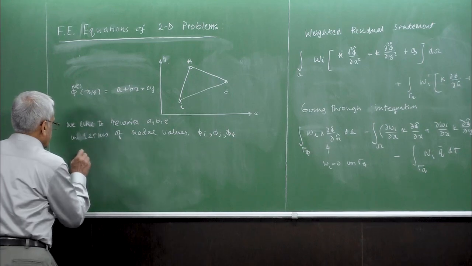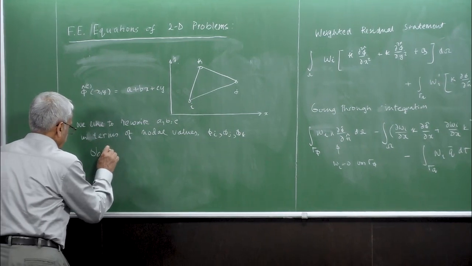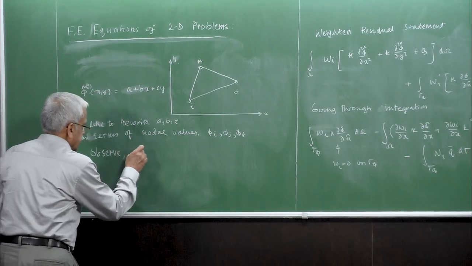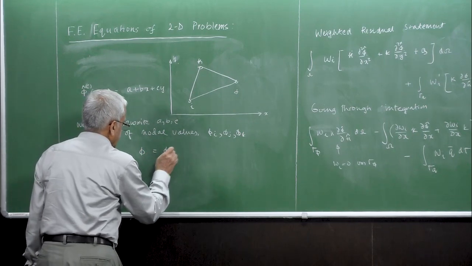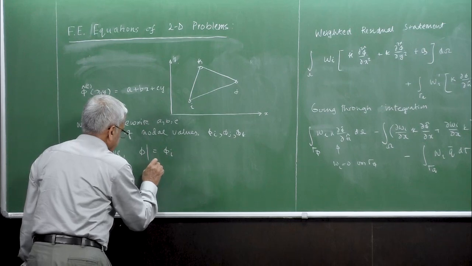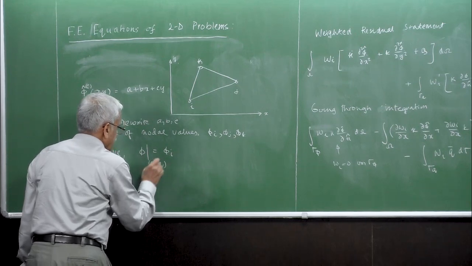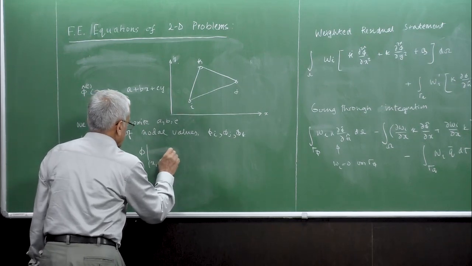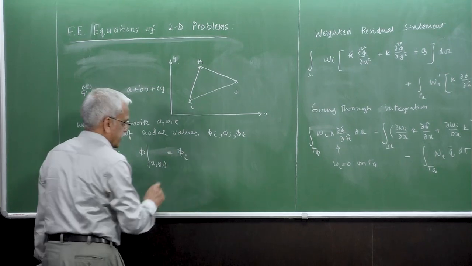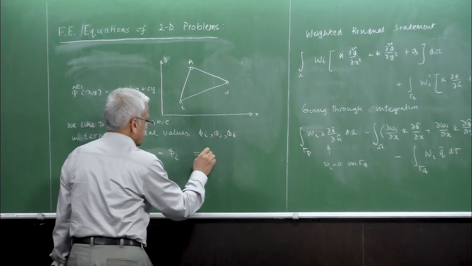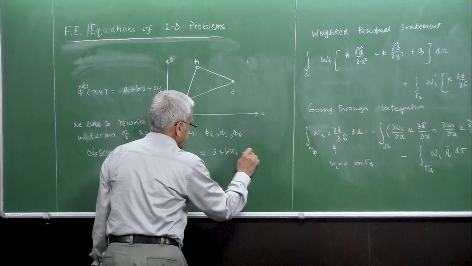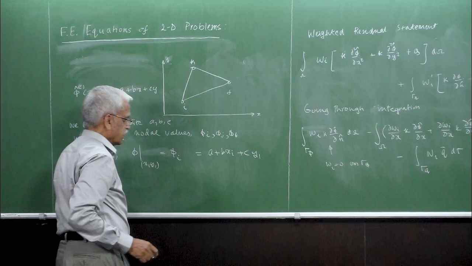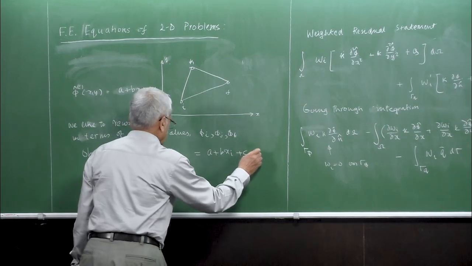Observe that phi at xi, yi, we call it phi I. This is nothing but a plus b xi plus c yi, right?